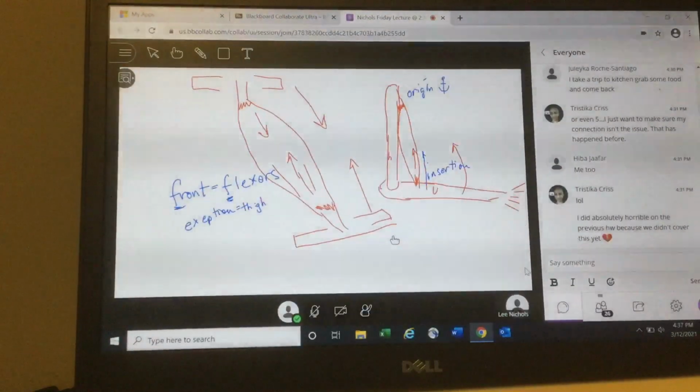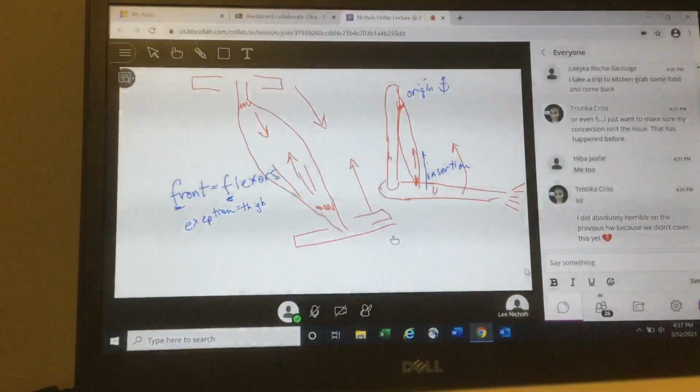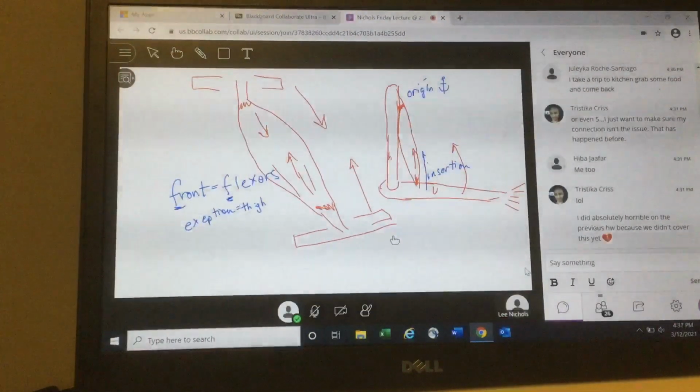So most of the muscles on the front of the body, really starting from the neck down, mostly flex. There's a muscle on the front of your shoulder that flexes your shoulder. It's part of the deltoid, and pectoralis major also does that. Muscles on the front of your neck flex your neck.